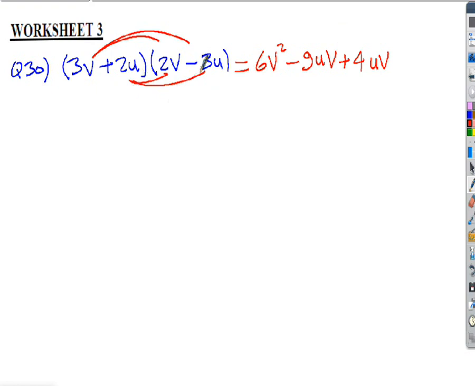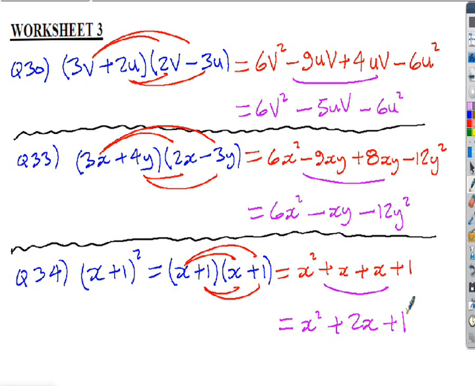And 2u multiplied by negative 3u is negative 6u squared. Again, having like terms in the middle, equals 6v squared, and our negative 9uv plus the 4uv is negative 5uv and then minus 6u squared. And I've also shown these solutions to question 33 and 34 for your reference.